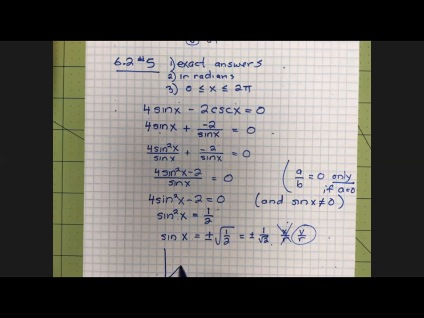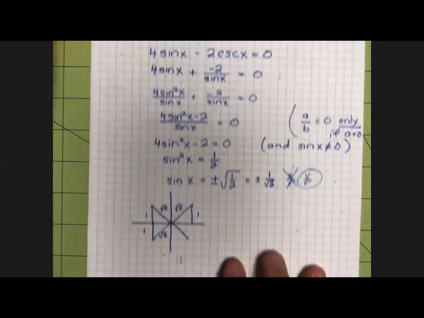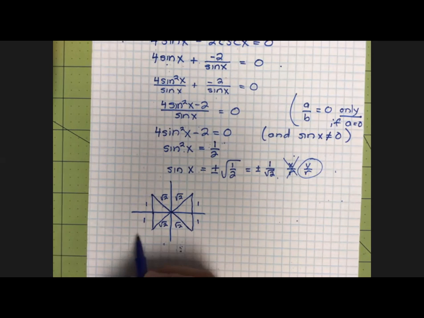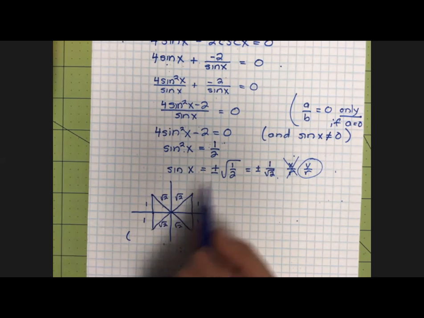So 45 degrees. Here's a 1 over root 2. Here's a 1 over root 2. Here's a minus 1 over root 2. Sorry, I erased the paper. And there's a minus 1 over root 2. So I've got 4 chances to make this true.